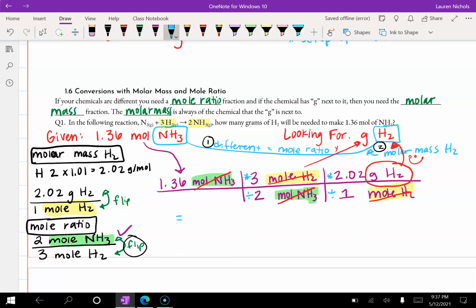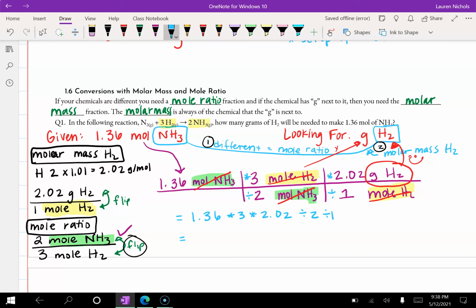So again, if I want to write out how I know what to put in my calculator, it's going to be 1.36 times 3 times 2.02 divided by 2 divided by 1. Honestly, you can do the multiplication and division in any order that you would like, as long as you, 1, don't forget a number, and 2, always put your given in your calculator first.